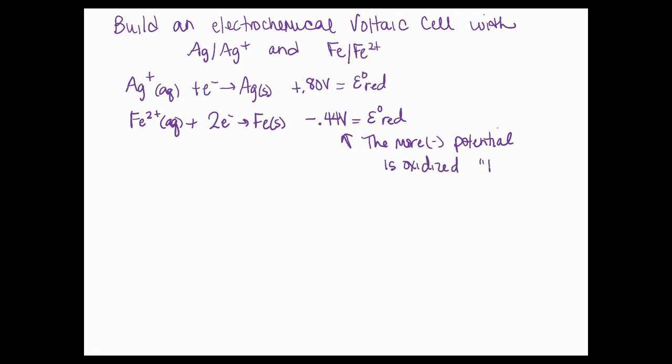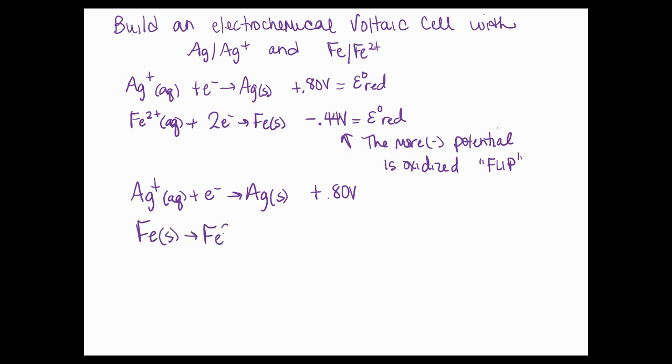And we're going to flip that reaction. So what I mean by flip is that I'm going to keep the silver as a reduction. And I'm going to flip the iron to an oxidation.